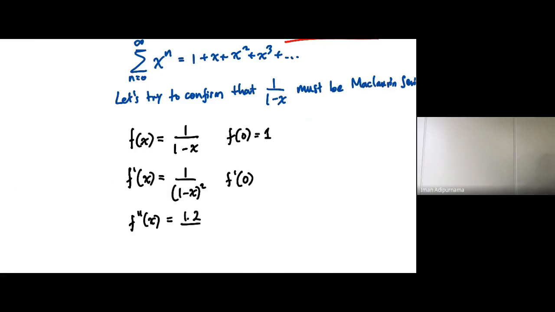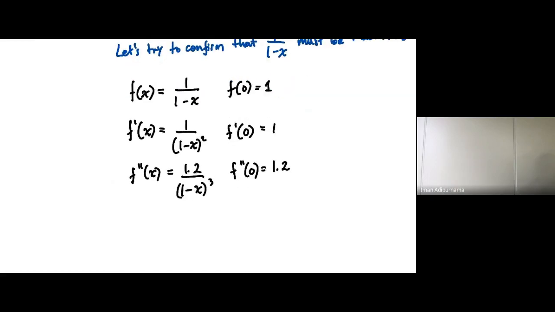And this will be 1, 2. This is 1. We want the third one: this is 1, 2, 3.